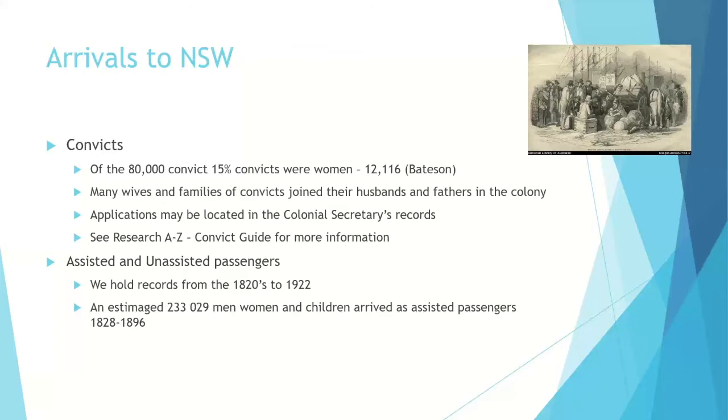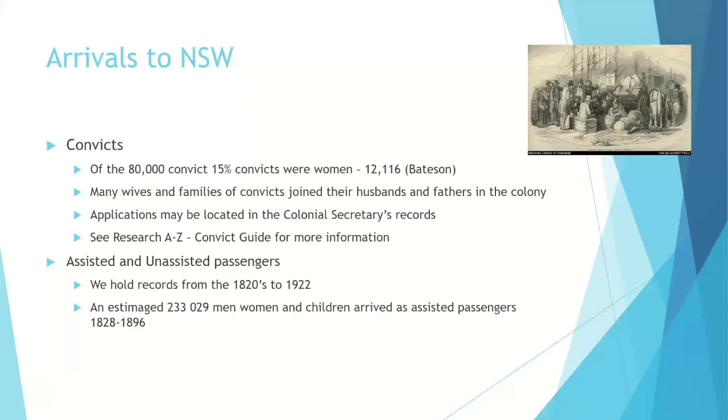And they're quite well documented. So in most cases you'll find their name, their age, their occupation, their native place. Sometimes you'll find the names of their parents, so the mothers and fathers of the migrants coming out. And sometimes you'll also find details of the people that they knew in New South Wales, so friends or relatives in the colony.